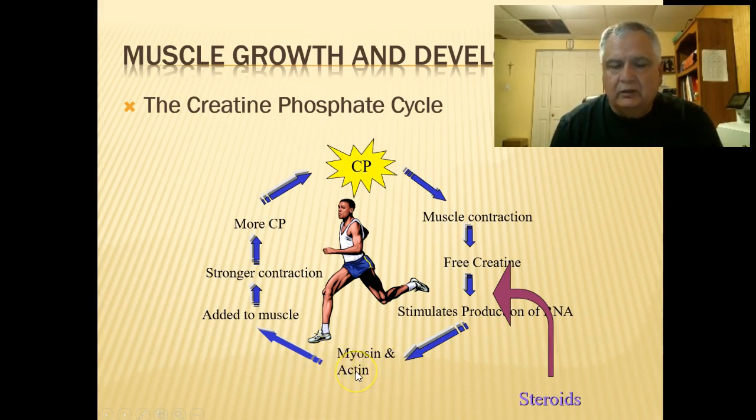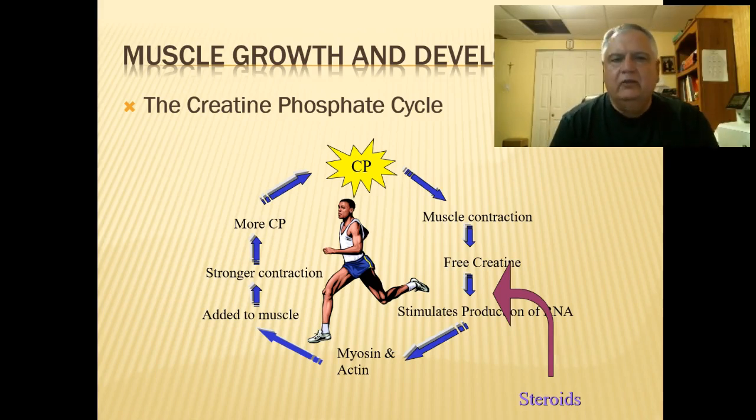Well, as it turns out, adding more free creatine during workouts can modestly increase the production of messenger RNA and therefore increase myosin and actin production, which can modestly get the muscle to grow bigger and stronger a little bit faster.